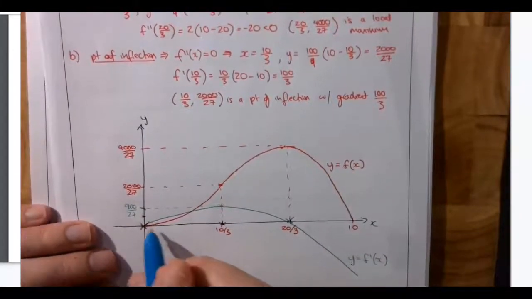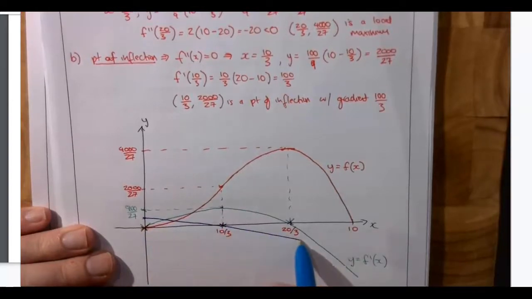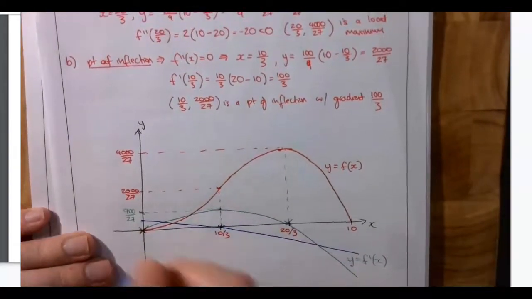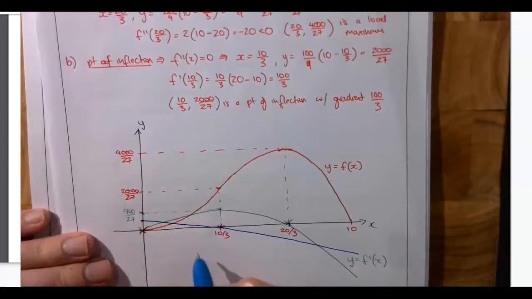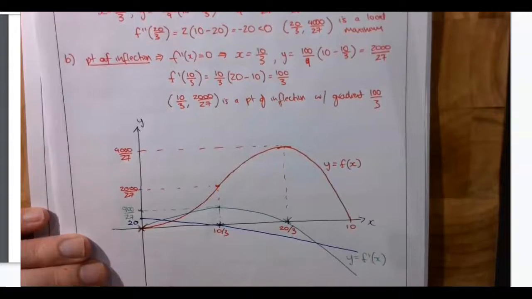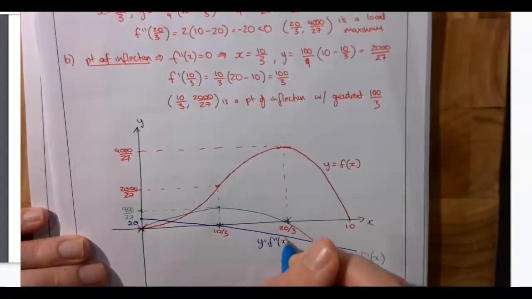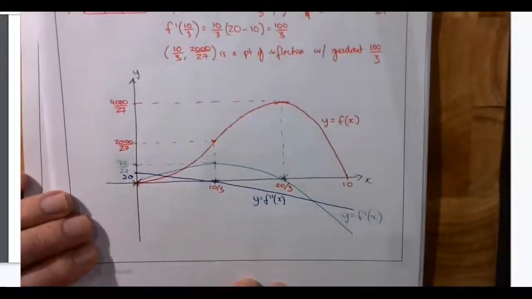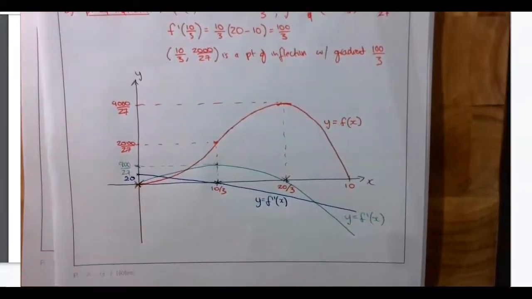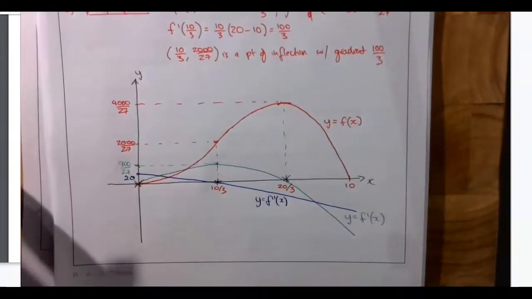So we're going to have a straight line that comes through like so, and that point there, which I should label, is 20. And this graph is y equals f double dash of x. So that's my final solution. Hopefully looks quite similar to yours.